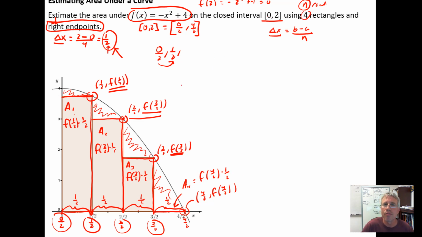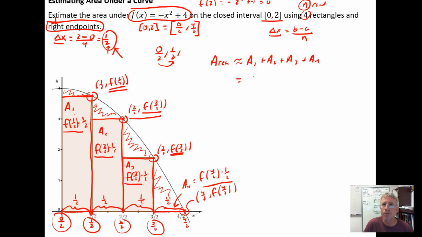So if we're approximating the area under the curve f of x, it is going to be approximately equal to the sum of the areas of the approximating rectangles. So it's just a sub 1, plus a sub 2, plus a sub 3, plus a sub 4.